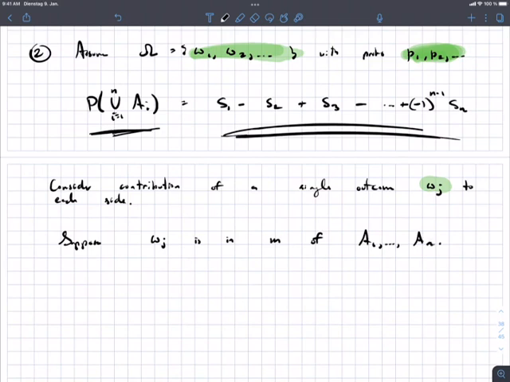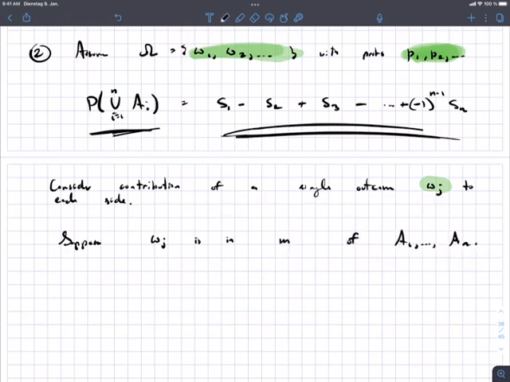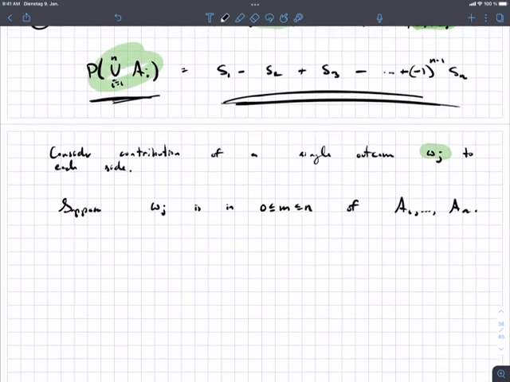We know it could be in more than one of those sets because those sets could overlap. So let's say it's in exactly m, where this m could be 0 all the way on up to n. Okay, so on this side over here, I'm only going to get pj coming into this probability. So I'll put pj times 1.